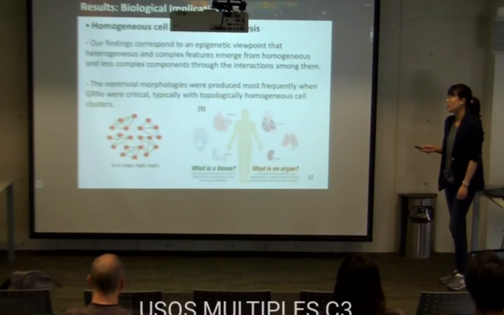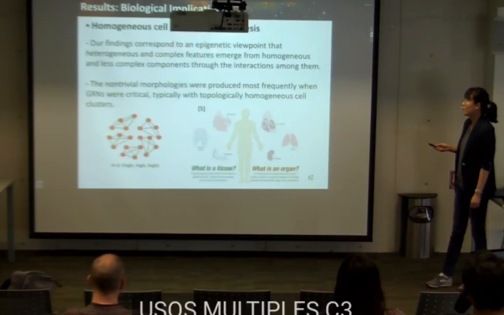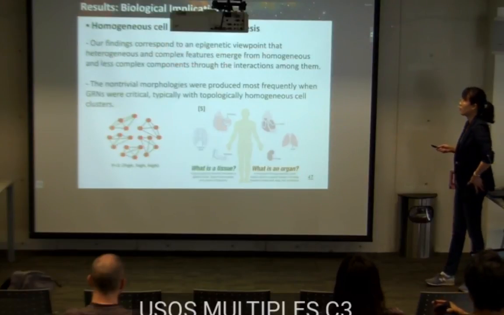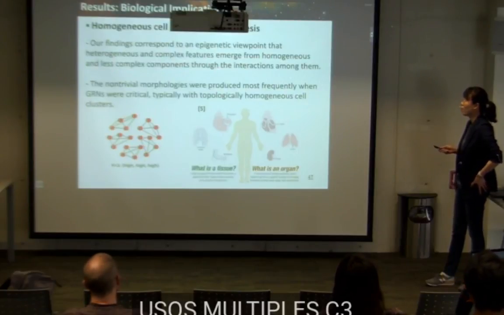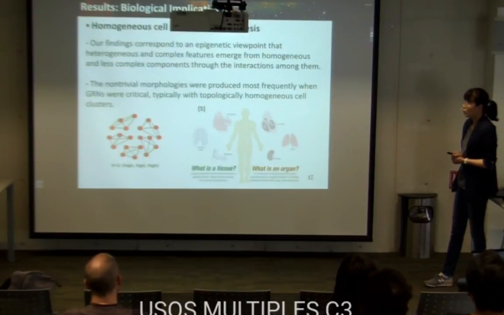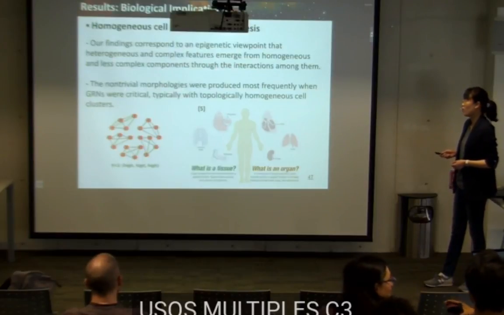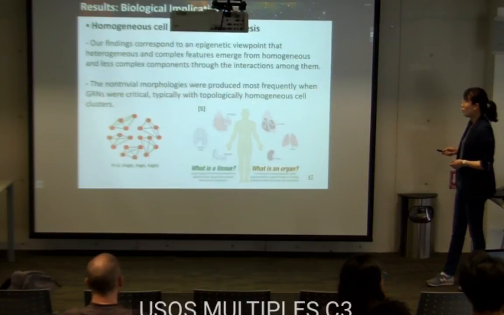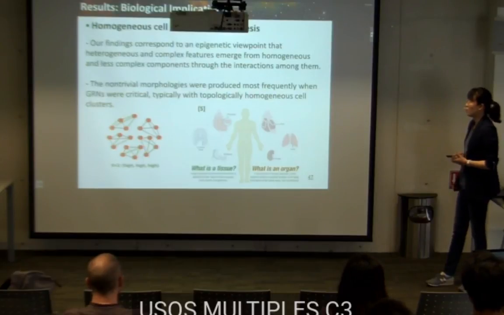Our findings correspond to an epigenetic viewpoint that heterogeneous and complex features emerge from homogeneous and less complex components through the interactions among them. Our study showed the non-trivial morphologies were produced most frequently when GRNs were critical, typically with topologically homogeneous cell clusters.